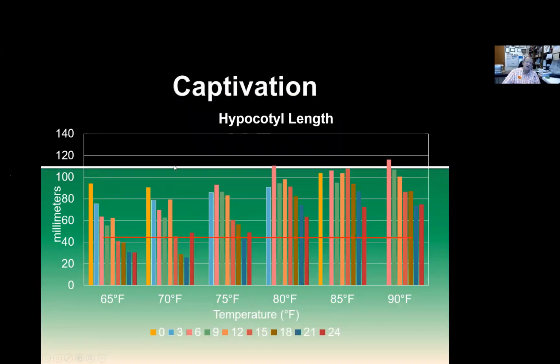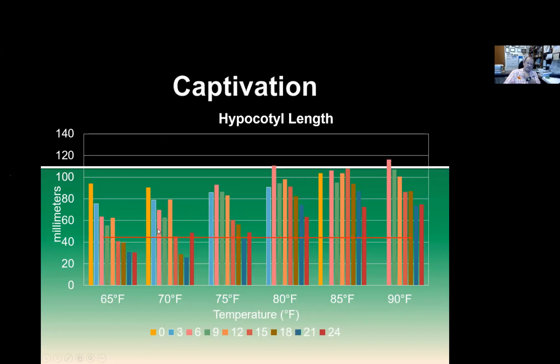What we're working on is coming up with the temperature that we're looking at, as well as the amount of light given, the duration of light, which is down here, continuous light, whether it's 18 or 21 or 24 hours of light at a certain temperature, 65, 70, 75, 80, 85, and 90. We've been able to look at how the plants grow.